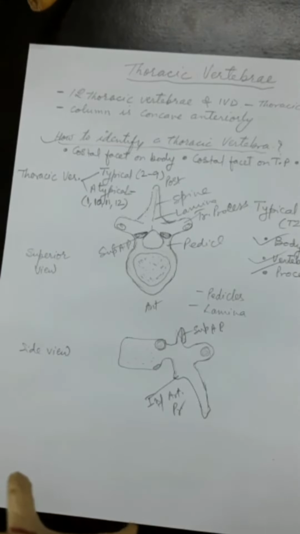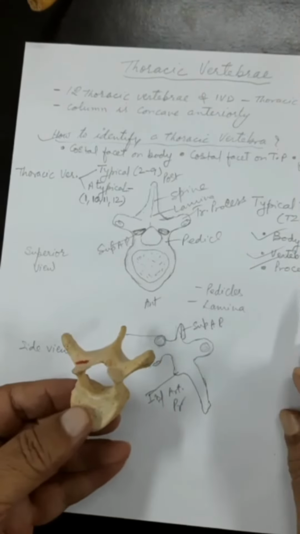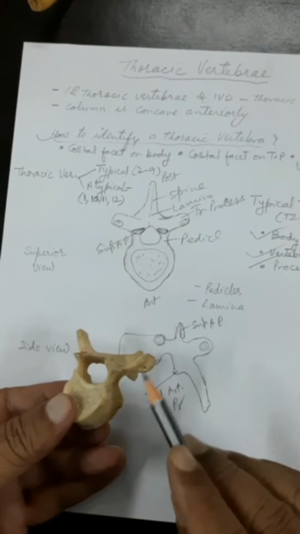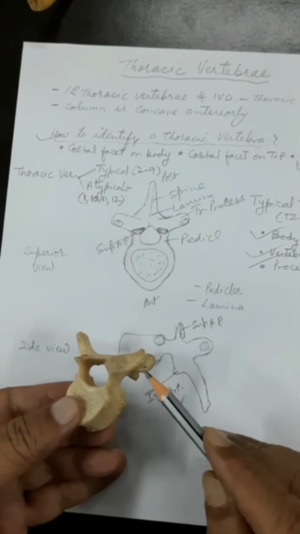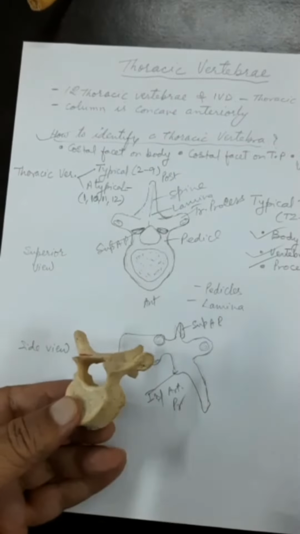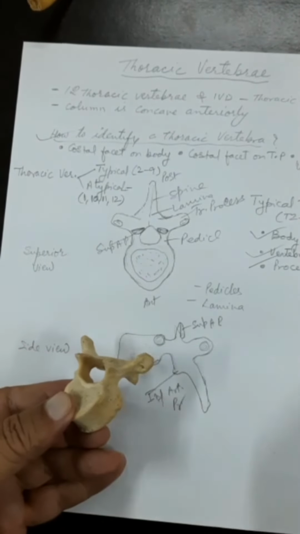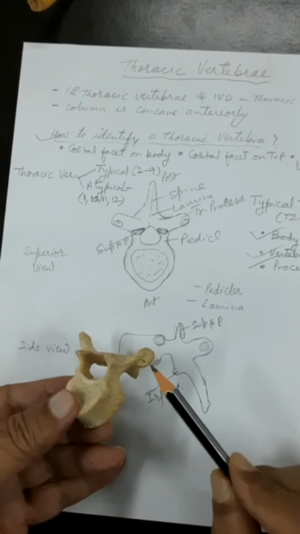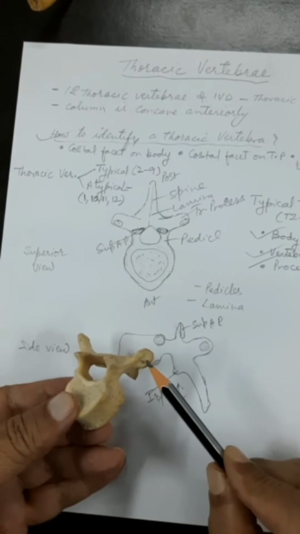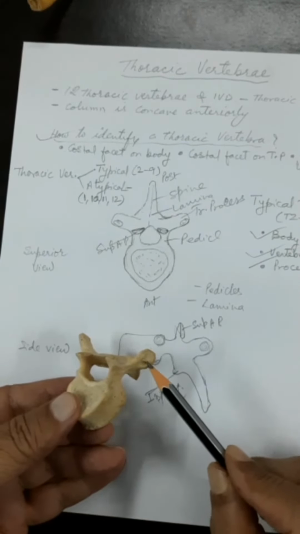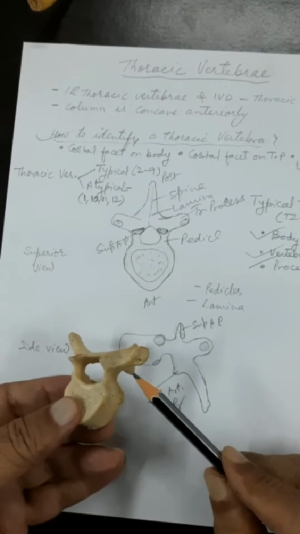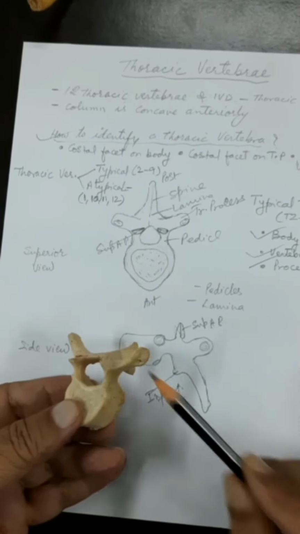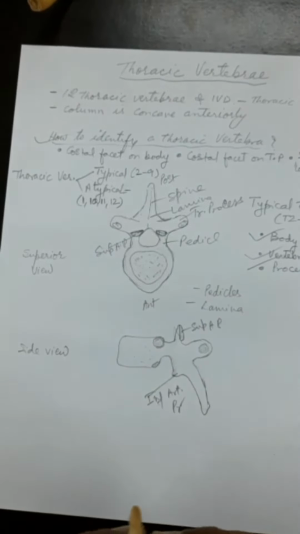But there is a facet, except in the case of the 10th and 11th rib vertebrae, and definitely in the typical ones there will be a facet. As I said previously also, this facet on the transverse process will articulate with the tubercle of the rib to form the costotransverse joint. Okay, costotransverse joint.